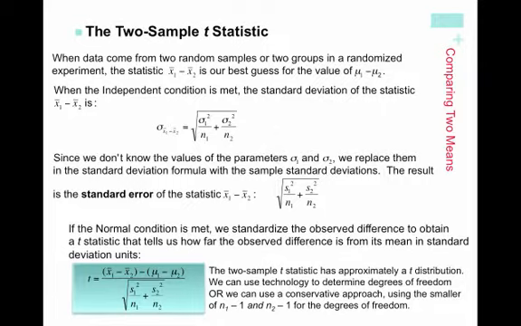The easiest way to deal with this is to use technology to determine the degrees of freedom and do our calculations, or we can use what's called a conservative approach, using the smaller of n1 minus 1 and n2 minus 1 for the degrees of freedom. So with the conservative approach, if there were 12 in this group and 8 in this group, we're going to use the smaller of the two numbers minus 1, so we would use 7 as the degrees of freedom.